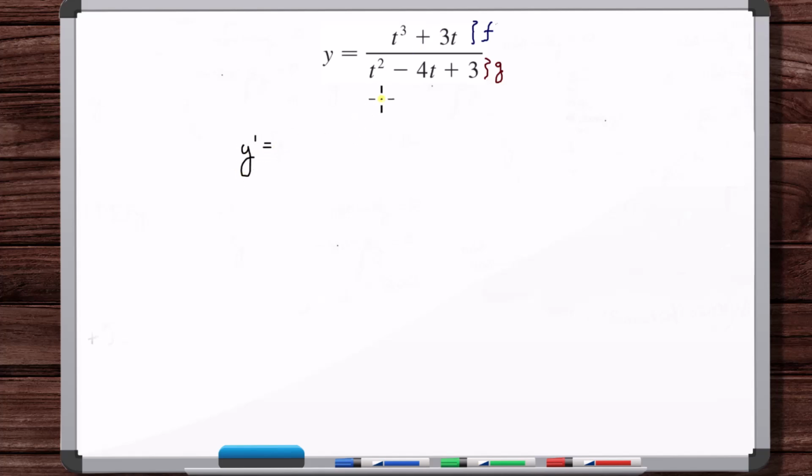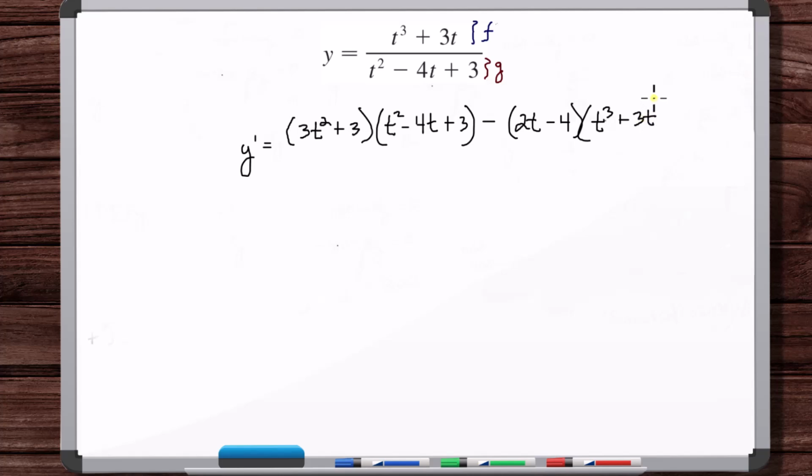So, okay. The derivative of the top, the derivative of f, is what? 3t squared plus 3 times the bottom, t squared minus 4t, all right, minus the derivative of the bottom, so 2t minus 4 times the top, all over the bottom squared.